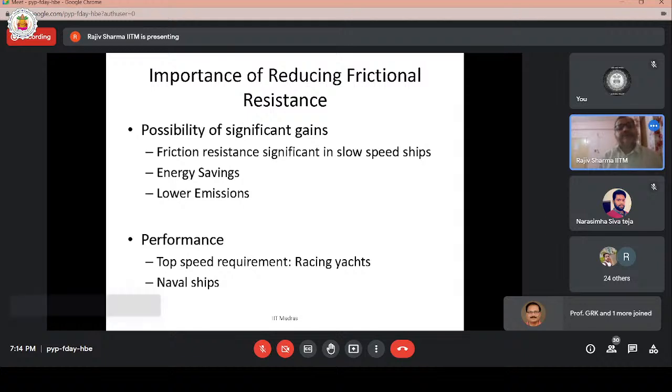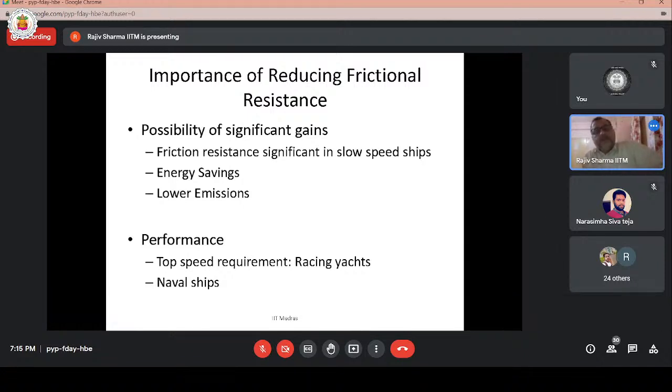The performance can be guaranteed at slightly lower speed range, but the research is also looking at the challenges of high speed requirement. For example, what happens when the yachts are reaching? That means boats are running at high speed, and naval ships, which are of fine block coefficient but run at very high speed.